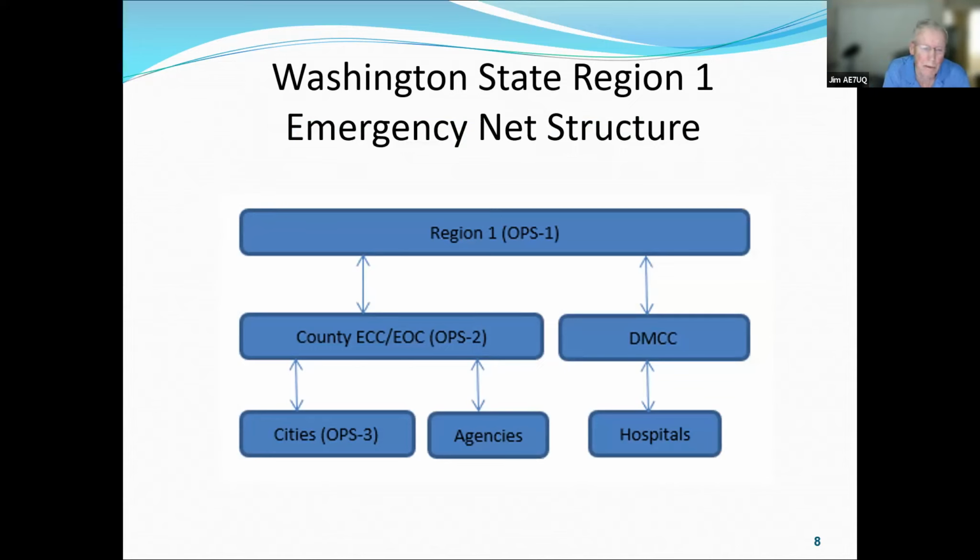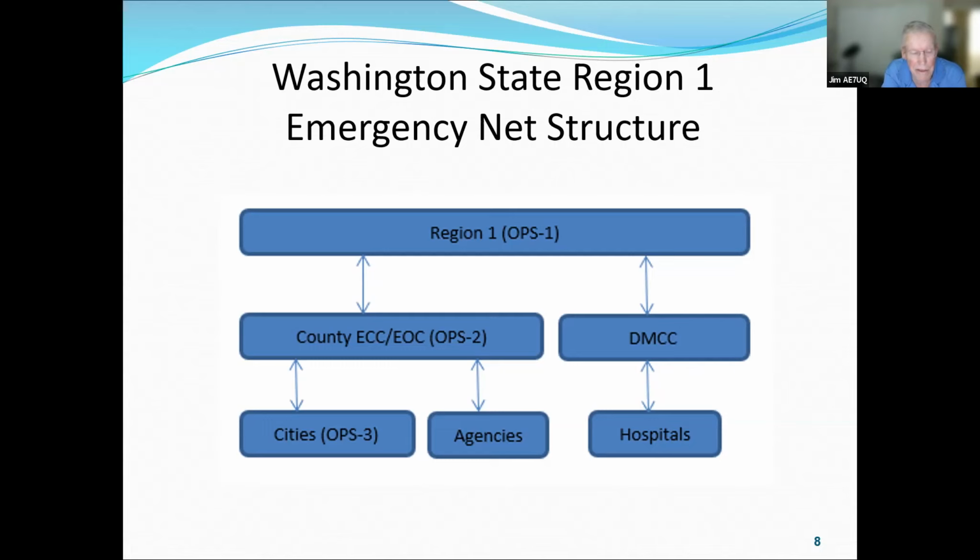It starts out with cities and agencies. We'll do what we call an Ops 3 net. In other words, somebody in our city, I live in Bellingham, and somebody in our radio group here will get on the radio and establish the net. Okay, who's checking in? Your radio is working, everything okay, great.